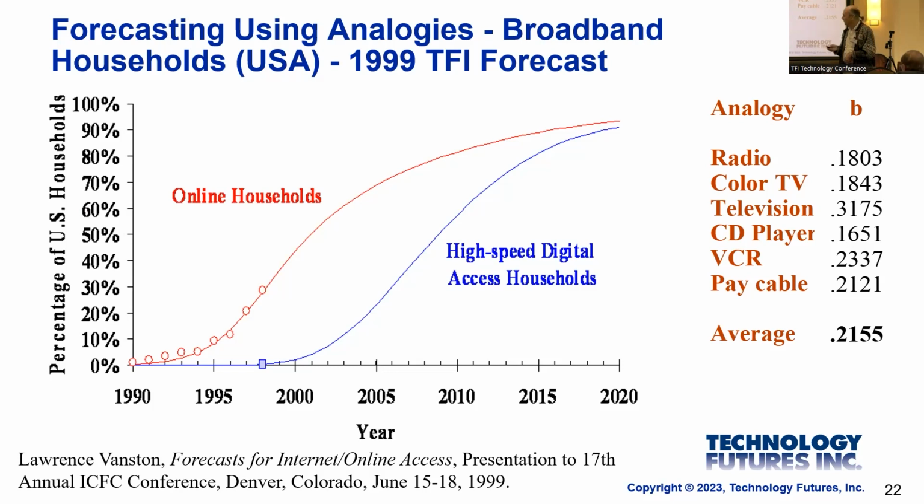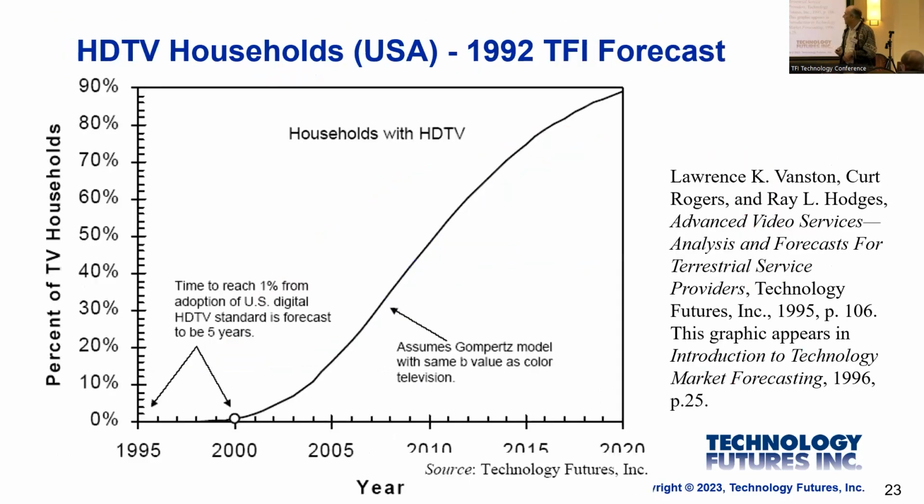And then sometimes we have to forecast before we've even started. This is an example of an early HDTV forecast that we made back in the mid-90s before we even had HDTV. In this case, we had to first forecast when HDTV would be introduced and reach 1%, and then we had to forecast how it would be adopted in the future.